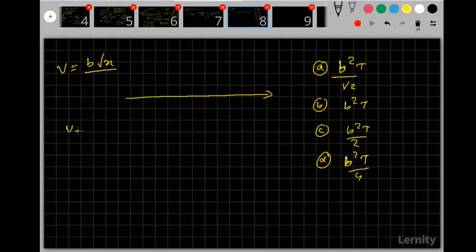So I know that v is equal to dx by dt. So dx by dt is equal to b root x. So from there, can I say that t is equal to integral dx by b root x?